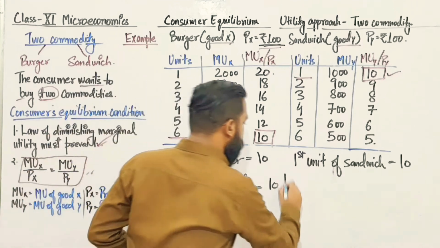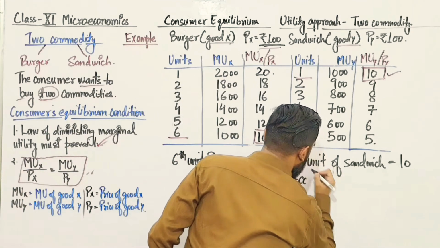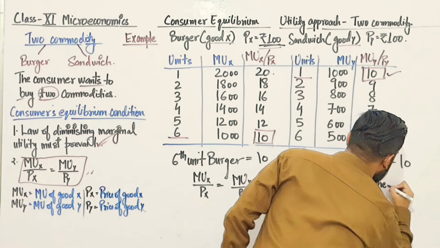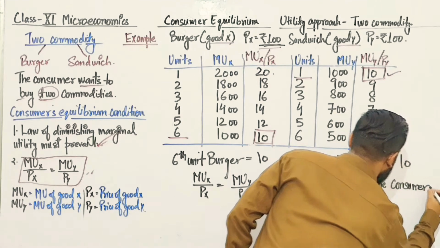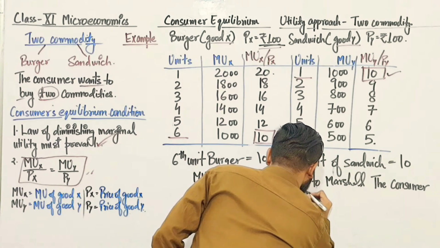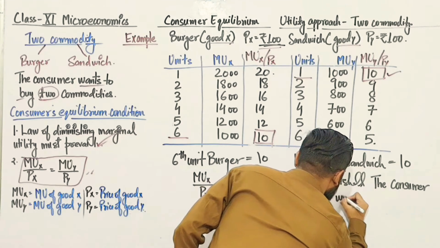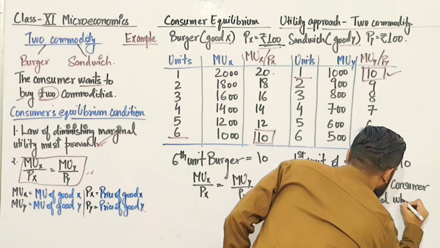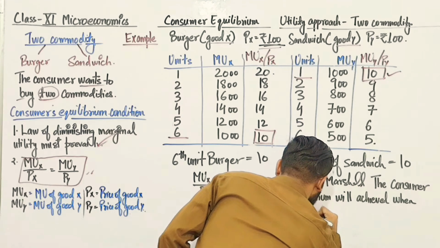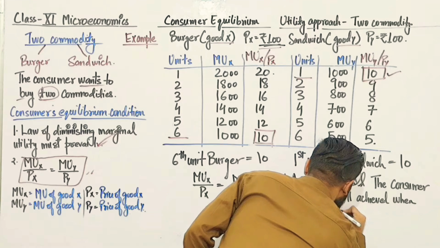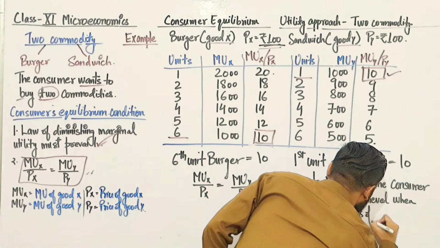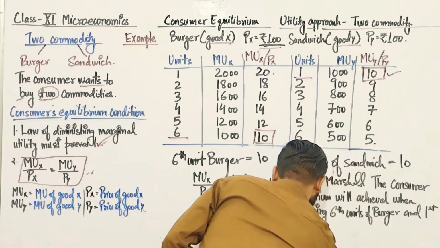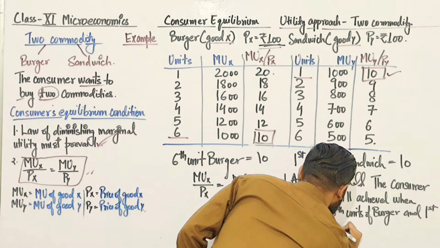Now, according to Marshall, the consumer equilibrium will be achieved when consuming 6 units of burger and first unit of sandwich.